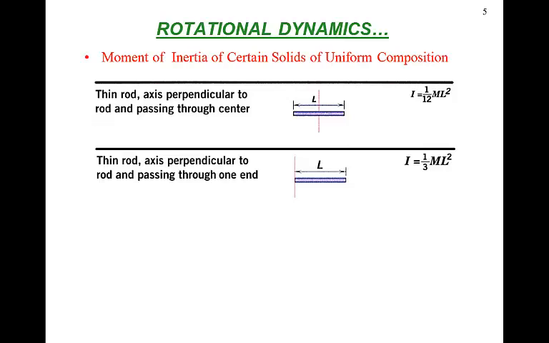However, if the axis of rotation is passing through one end, the moment of inertia is found to equal 1/3 ml squared. Notice the huge difference between when the axis is passing through the center and when the axis is passing through one end, 1/12 against 1/3.